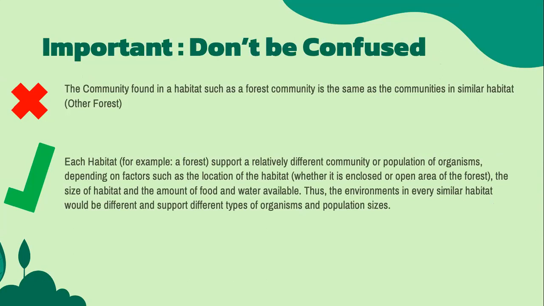Because each habitat supports a different community or population of organisms depending on factors like whether it is enclosed, an open area, hot, very cold, how much food and water is available, and what the size is. So all these things are factors that determine whether a particular population can survive.